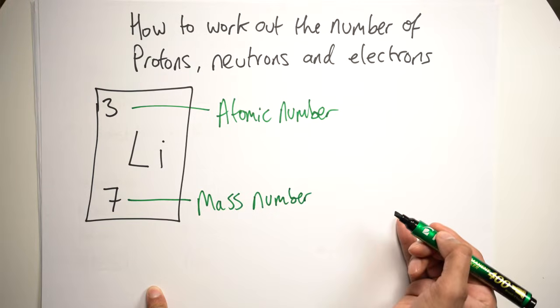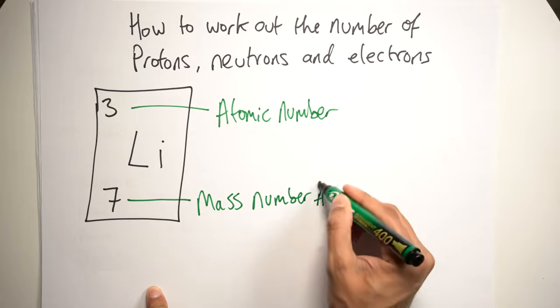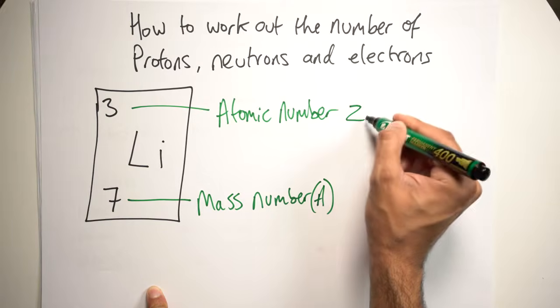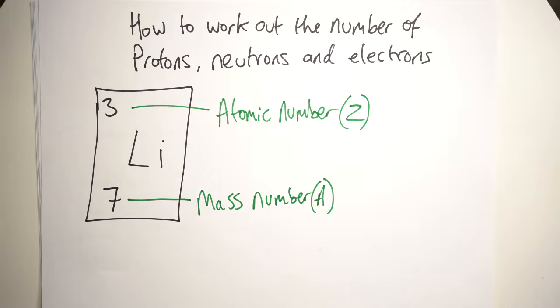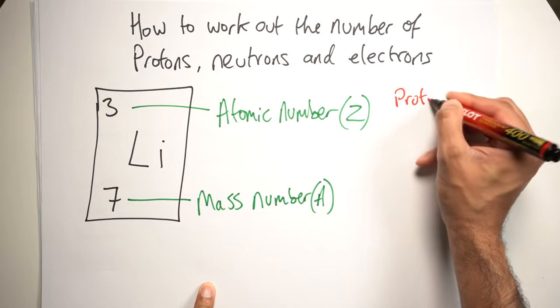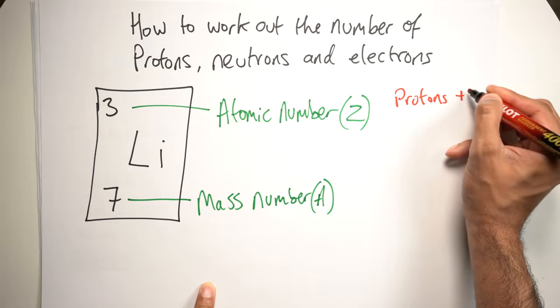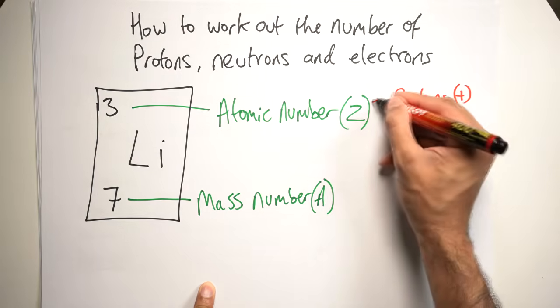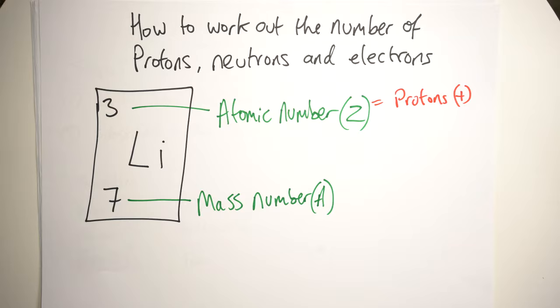Now rather confusingly, they call the mass number the A number and the atomic number the Z number, but don't worry too much about that. So what does this all mean? Well, the atomic number is also called the proton number because it tells you the amount of protons, which are positively charged. Now, the number of protons is always going to equal the number of electrons.